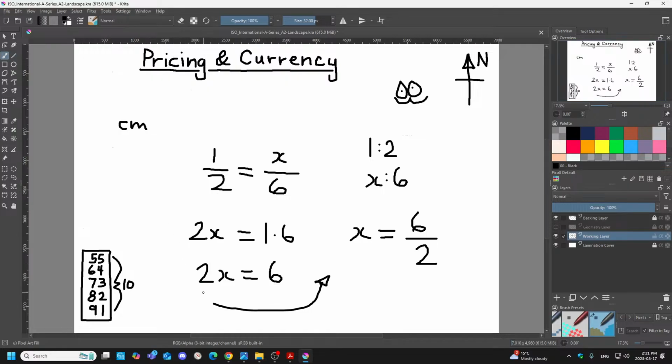If you understand the concept of what's happening, you're dividing both sides by 2, right? If you understand that, we still have the same result. So once you understand that, you don't need to do all this extra divide both sides by 2. Forget all that.